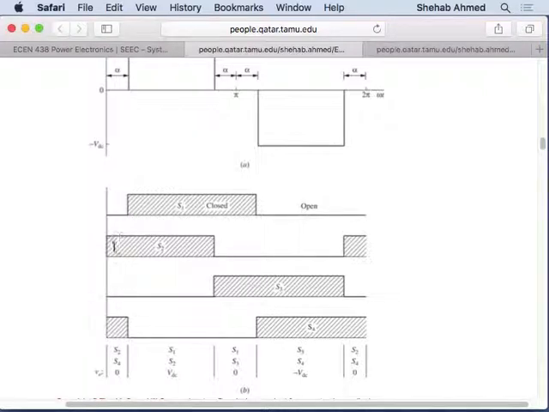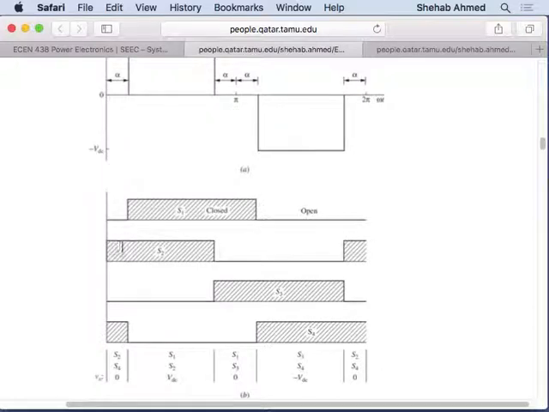And then during this period where the zeros are, you have S2 and S4, which are the bottom two switches, or S1 and S3, which are the top two switches. So you're creating zeros here and here. Zeros here are the top two switches, and the zero here is the bottom two switches, S2 and S4. Okay?